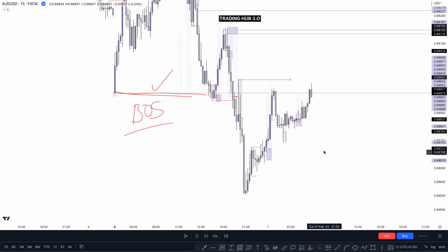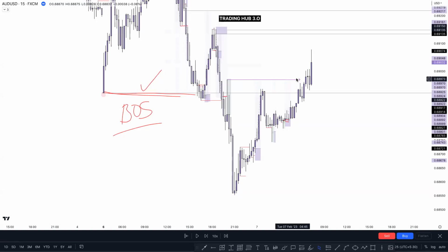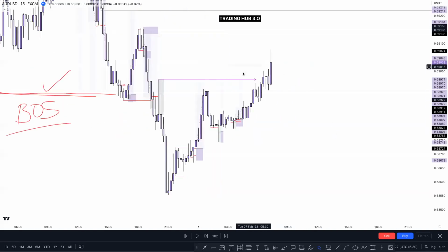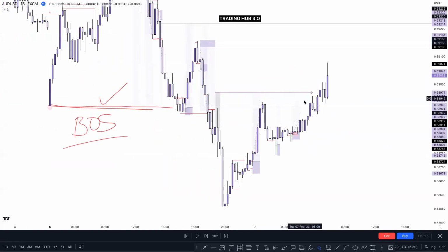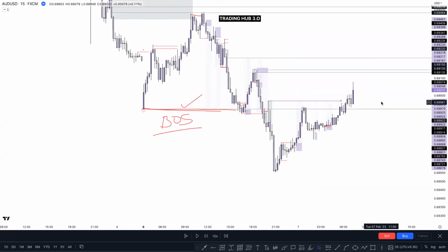Okay, all right. This is our target point, right here. Finally, market hit our target point. So once market hit our target, these buys close here, right? Okay.